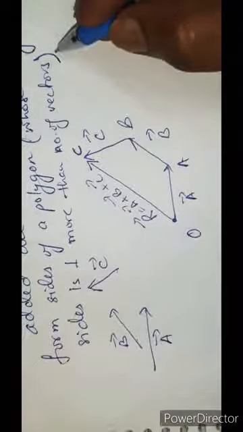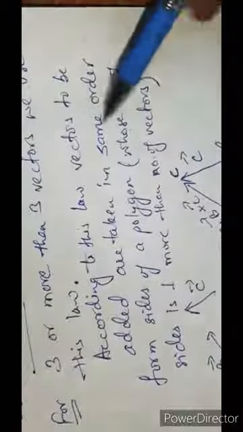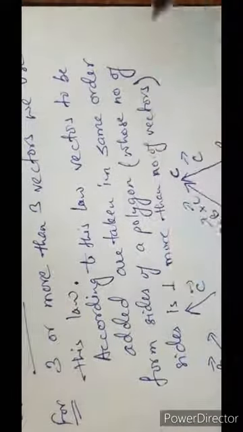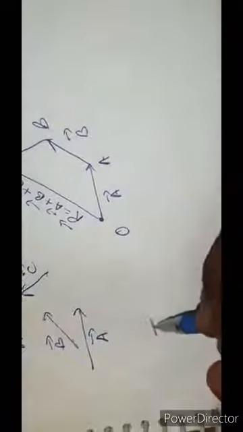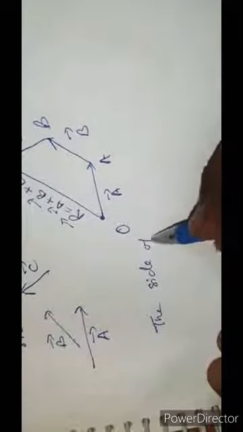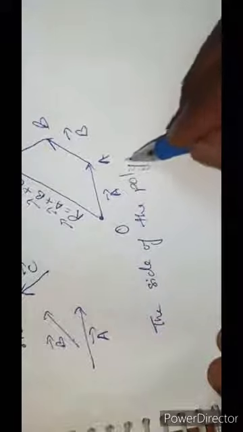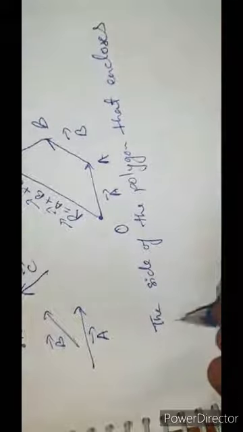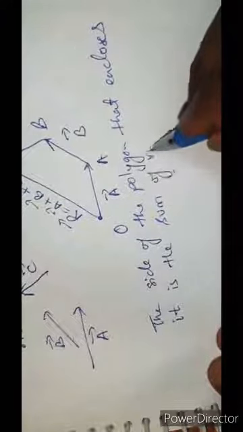Okay. So we'll proceed further about the statement of this polygon law of vector addition. Previously we have stated, let me tell you again, according to this law, vectors to be added are taken in same order, form sides of a polygon. Now the side of the polygon that encloses it is the sum of the vectors, and it is in opposite order.